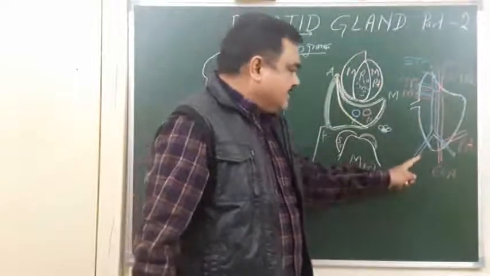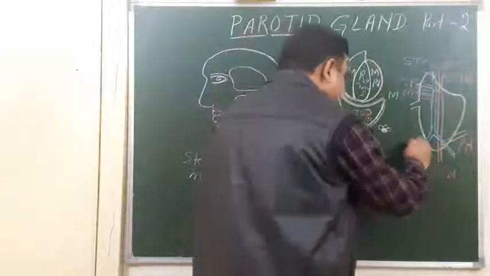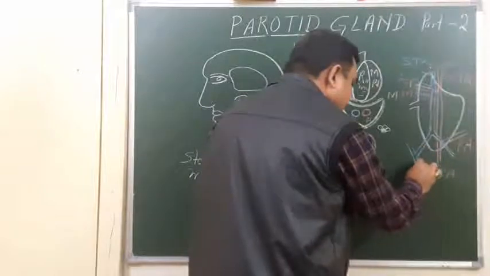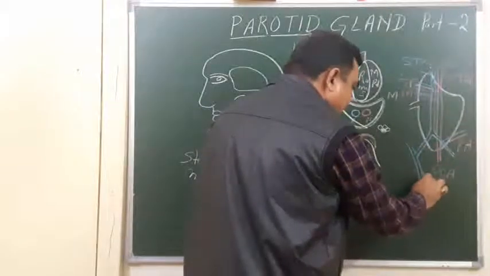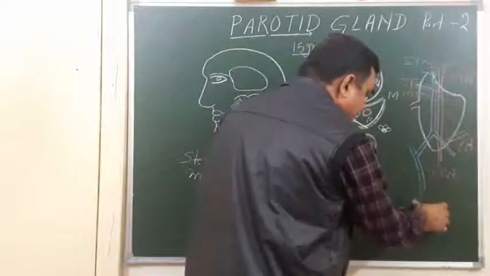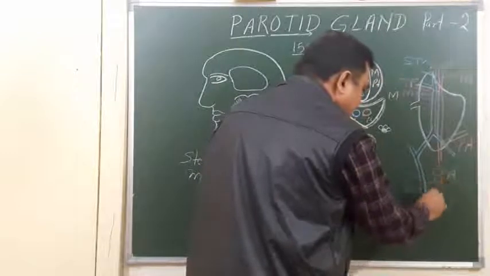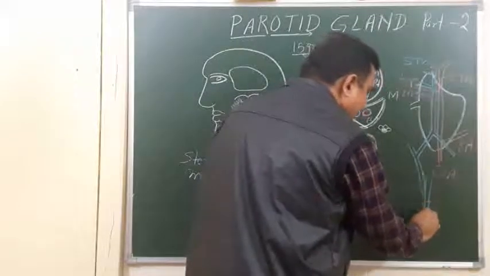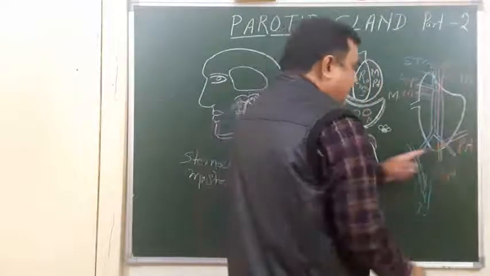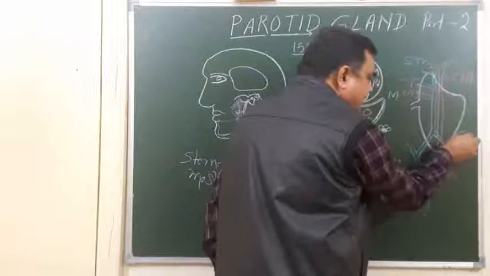Near the apex, it divides into anterior and posterior divisions. The anterior division joins with the facial vein and forms the common facial vein, and it opens into the internal jugular vein. Posteriorly, here is the posterior auricular vein.